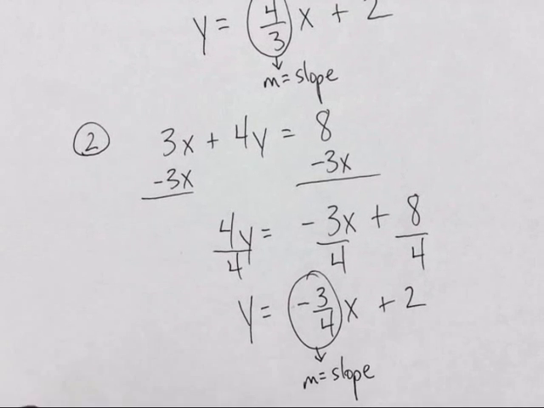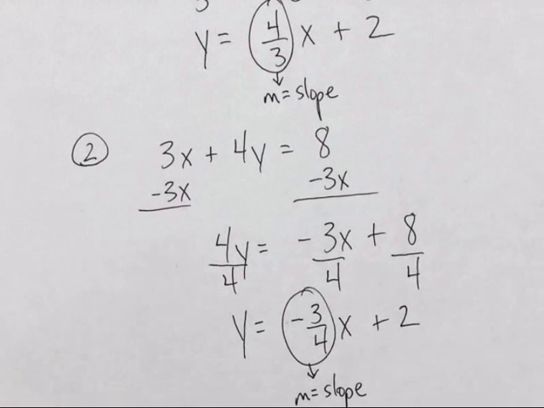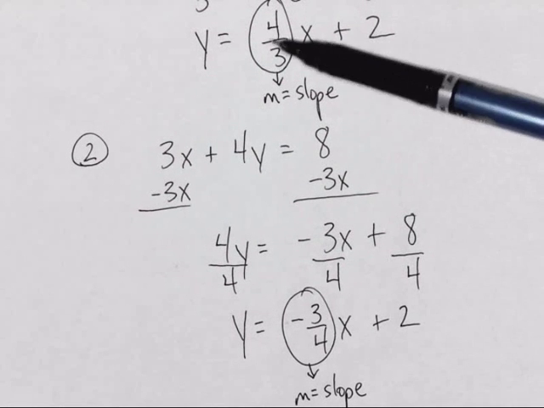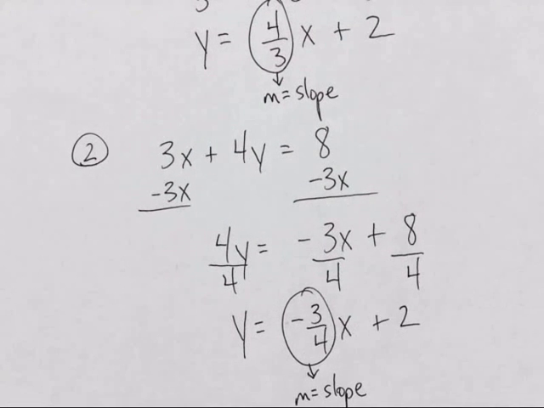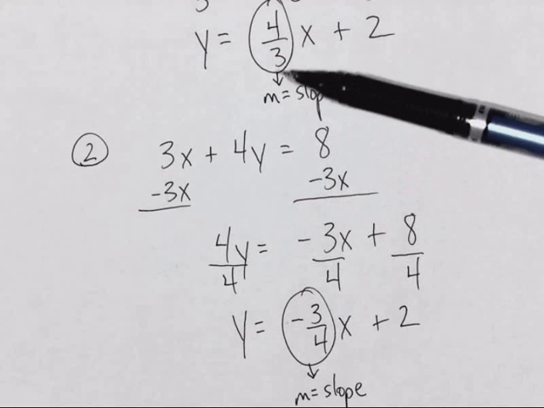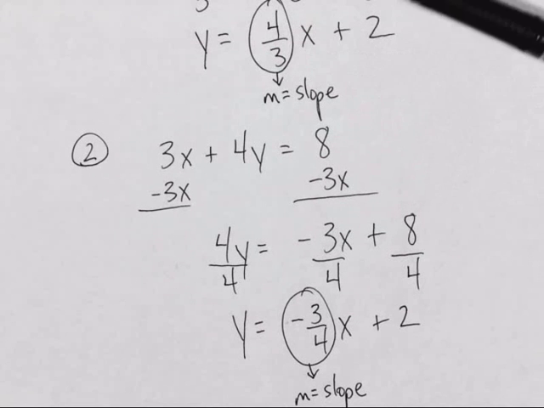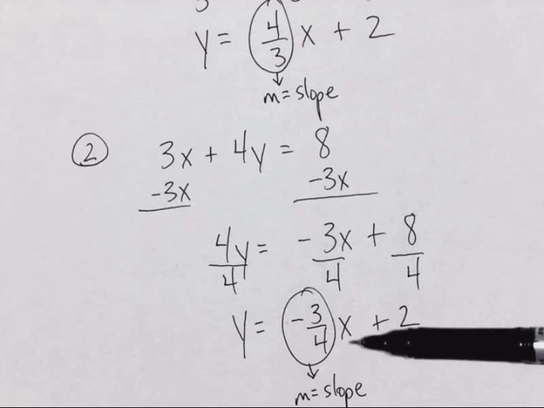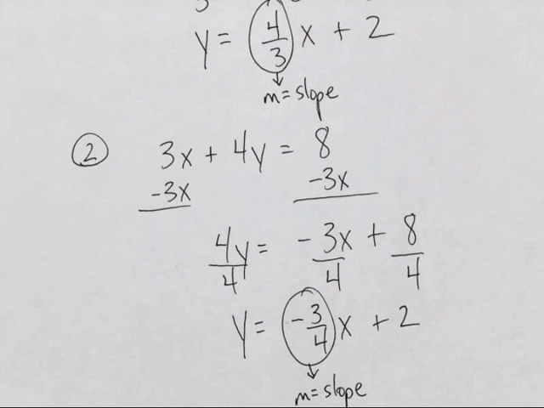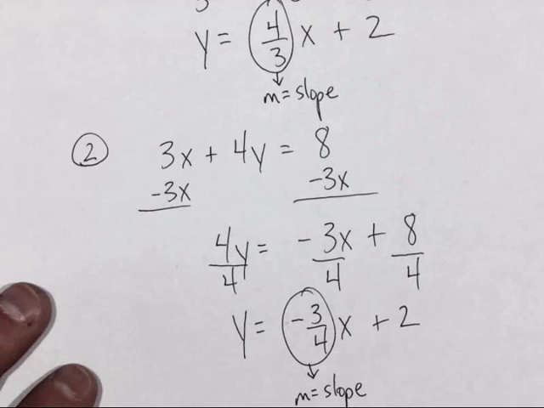So we want to compare those two, right? They're obviously not parallel because they're not the same slope. So are they opposite reciprocals? Well, they have opposite signs. One's positive, one's negative, and they are reciprocals. If I flip this fraction and put the denominator as the numerator and the numerator as the denominator, I get 3 over 4. So they would be opposite reciprocals of each other.